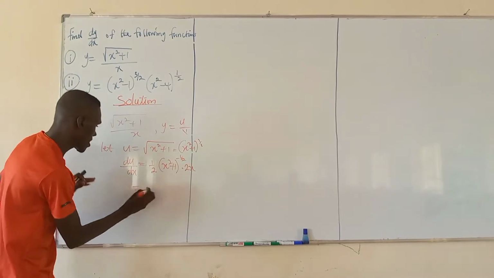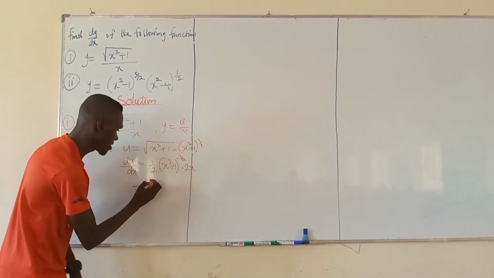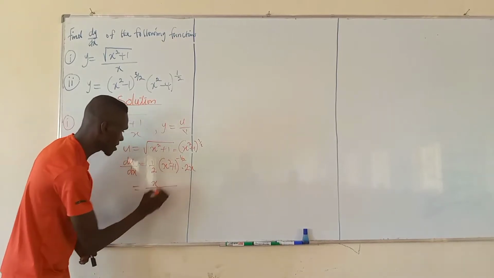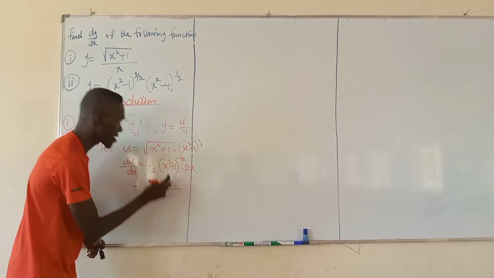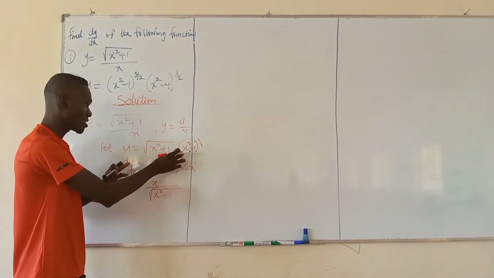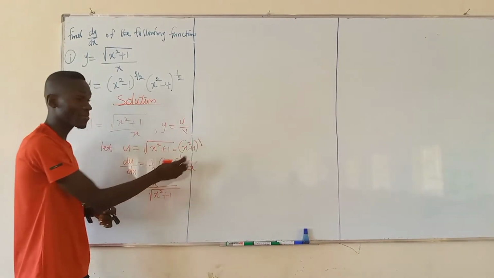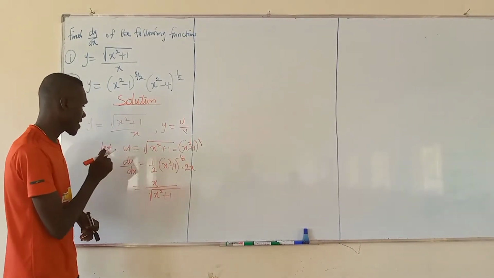So all in all, we cancel the 2, and I have x over the square root of x squared plus 1, because this minus, when it comes down, becomes positive, and anything raised to the power half is the same thing as the square root of that. So this is our du/dx.